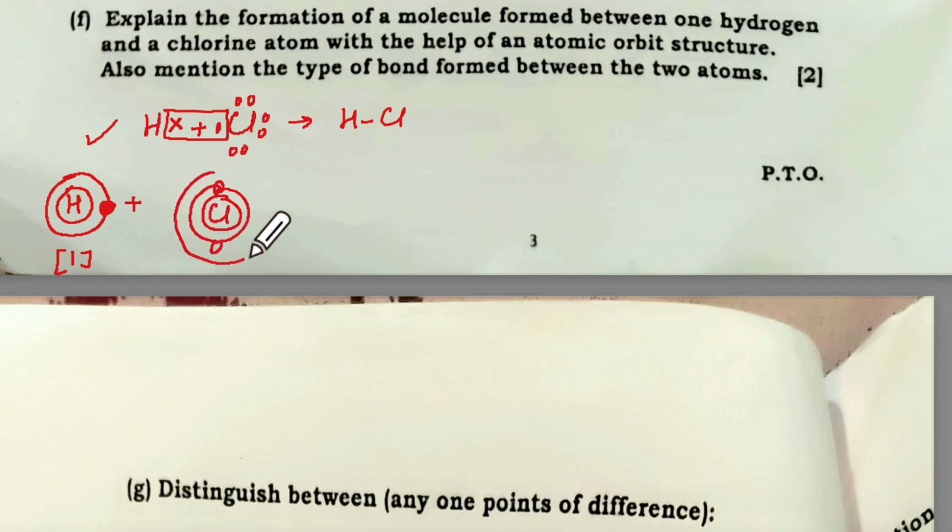The second orbit will be having 8, so 1, 2, 3, 4, 5, 6, 7, 8. And the last one you will show as 1 and show like this. Now show like this, dashed.